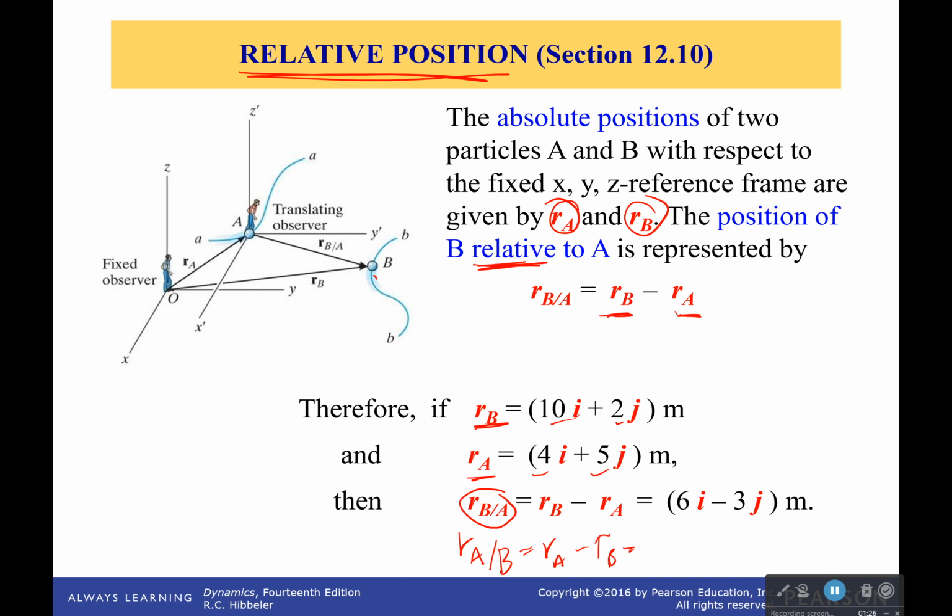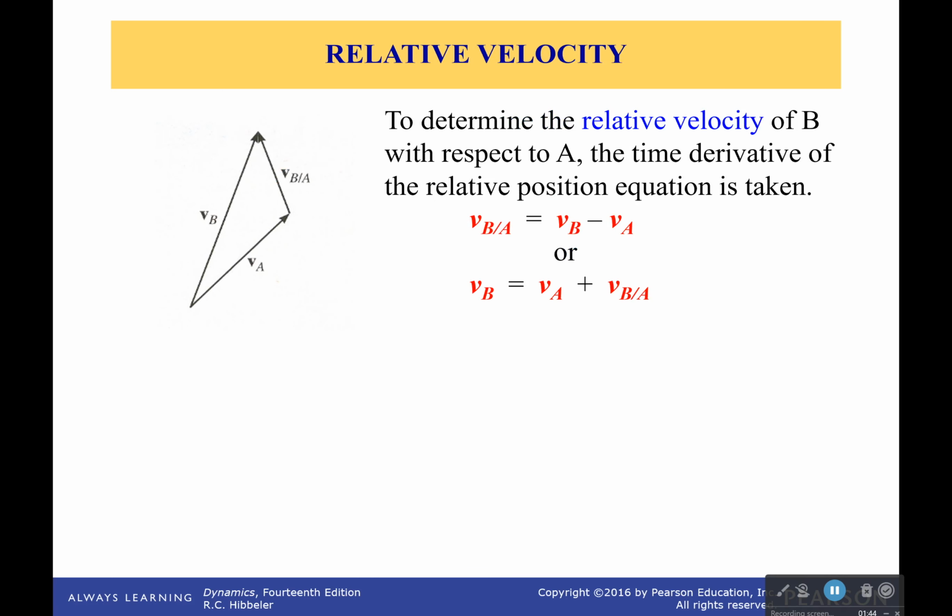So it would just be the same thing, but with a different sign. So this gives us a way of talking about how things look compared to each other. And then we're going to differentiate these to figure out relative velocity.